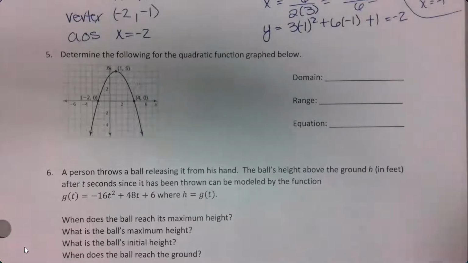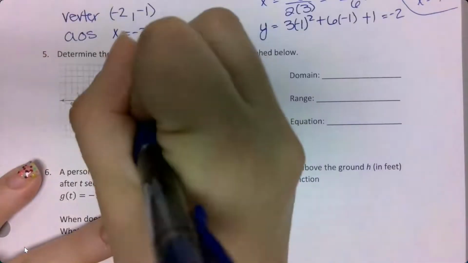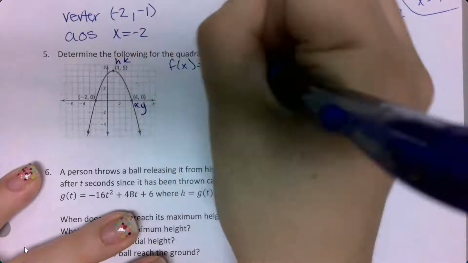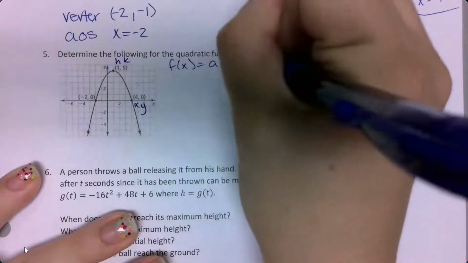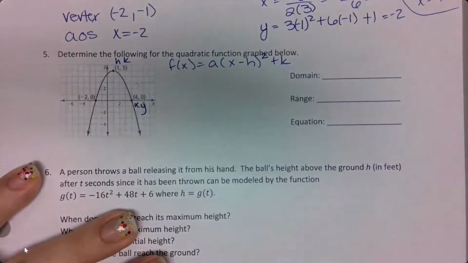Okay, number 5 wants me to determine the following for the quadratic function below. I have my vertex, which is hk, and a point, which is my xy. So I'm going to plug into the formula f of x equals a times x minus h squared plus k. I want to plug in the values I know.